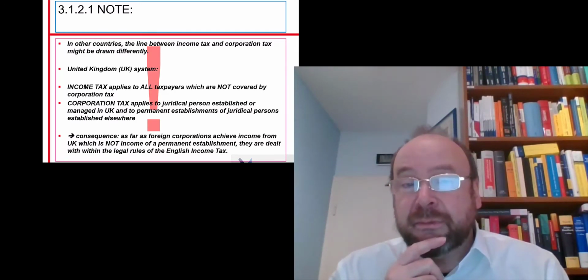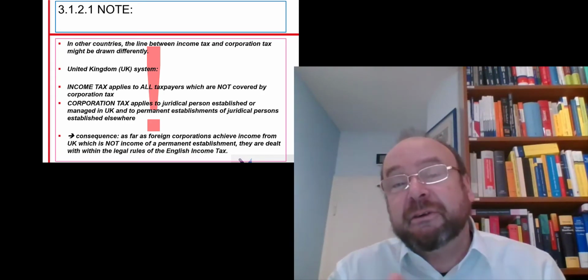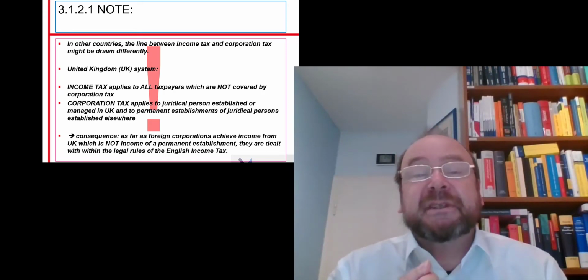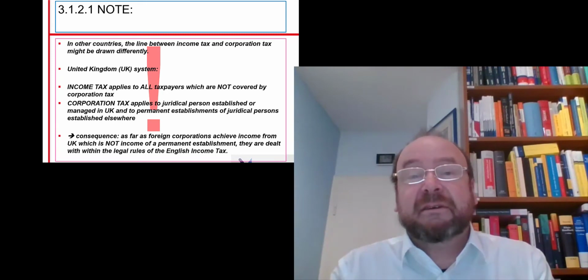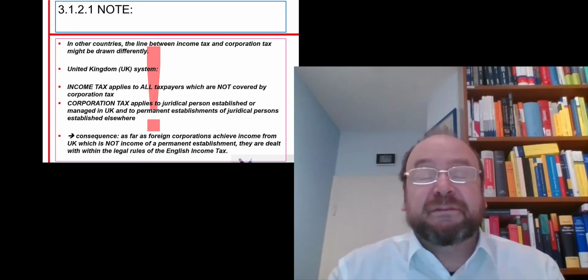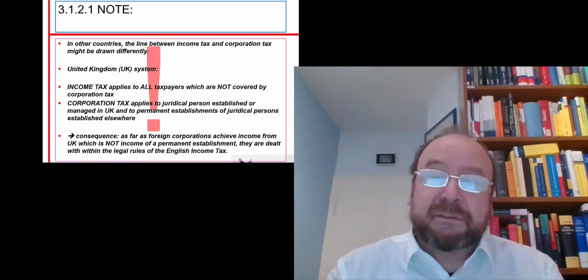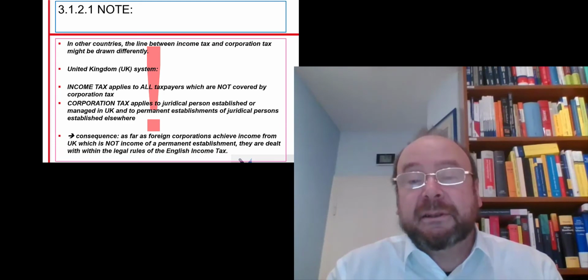Just a note, the German distinction is strictly according to the lines of who is a natural or juridical person. Some other states sometimes have the idea the income tax legislation is the general rule, and then they define some special area for corporations. Some special taxpayers, mostly juridical persons, are then taxed under corporation tax.